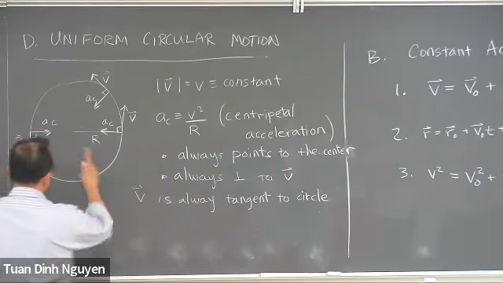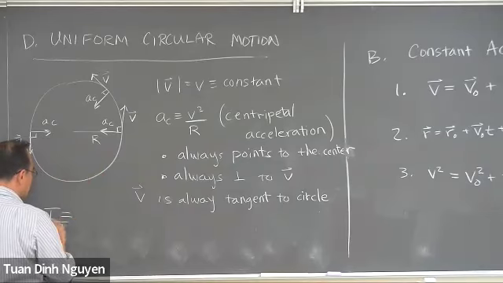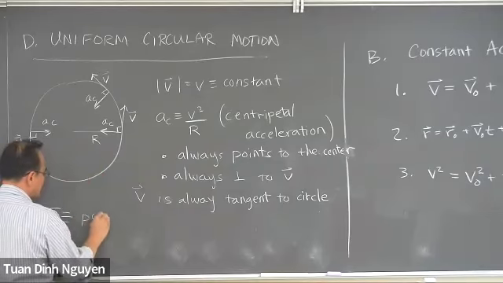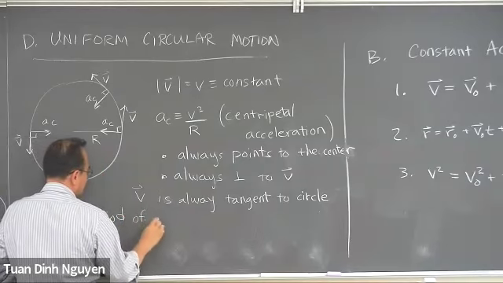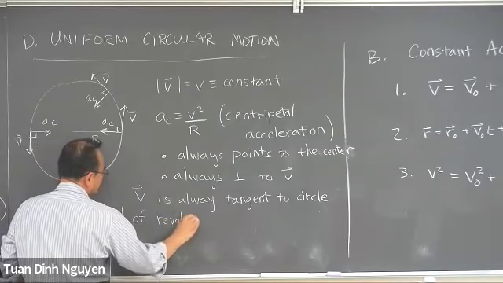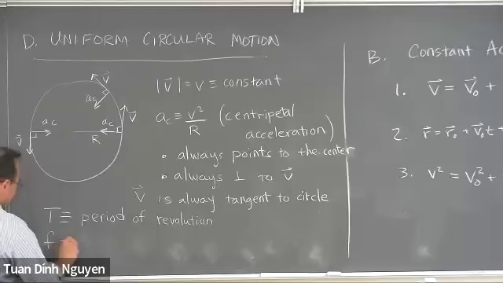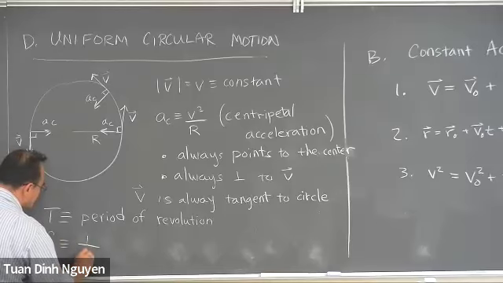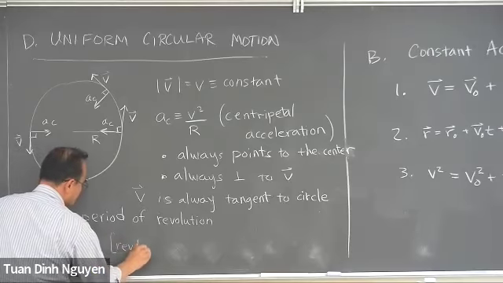The other things that we use to describe this is T, which is the period, the time for one revolution, how long it takes to go around in a circle. The other thing is what's called the frequency, which is 1/period, and that's in revolutions per second.